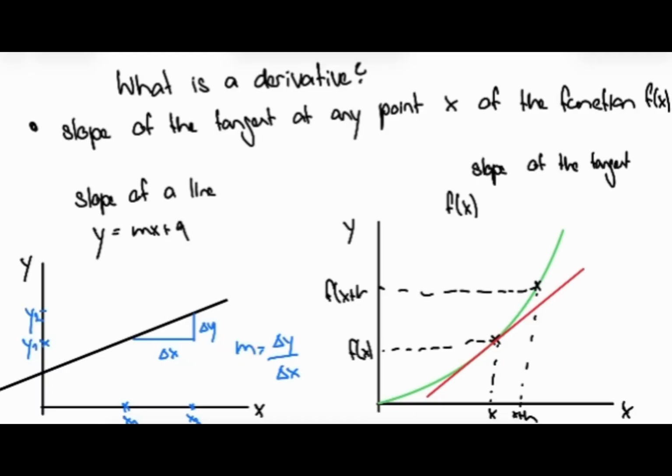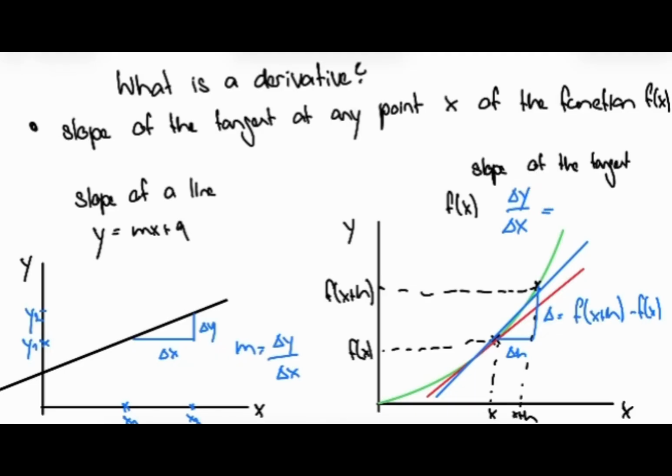Now we again get a triangle, where the change in x equals h, and the change in y equals f of x plus h minus f of x. So now we created a line and we know its slope, but this doesn't give us the slope of the tangent.